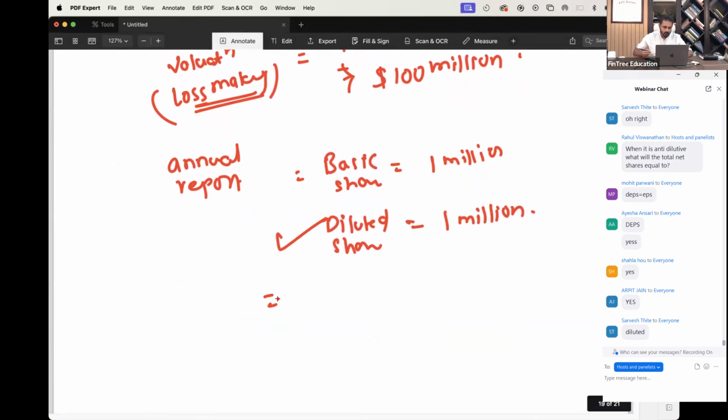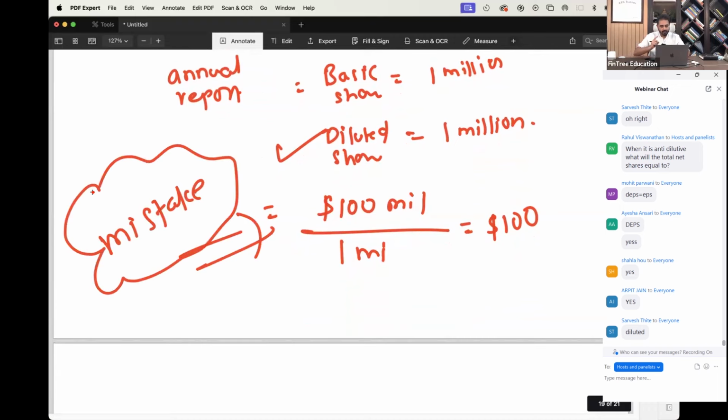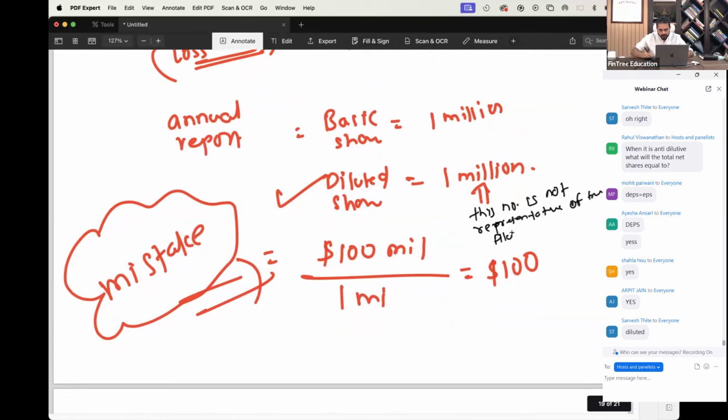So here you would say, okay, fine, in that case 100 million divided by 1 million, value per share is how much? $100. If you do this, this is a mistake. Why is that? Because from a valuation perspective, this number is not representative of true diluted shares in the future.